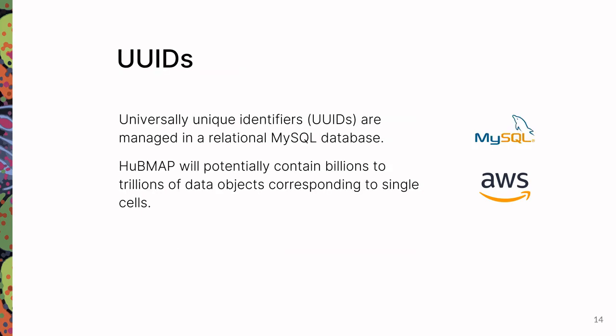UUIDs are just that. Essentially, every data object in HubMap automatically gets a UUID, and those UUIDs can be turned into digital object identifiers, or DOIs, when we want to reference those for credit and citations. This can potentially be very large, and we're working with the community on understanding what the right level is for making DOIs available as well.